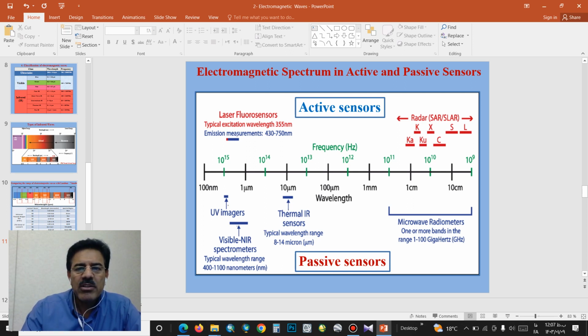And the top part, active sensor, includes visible region to radar part, for example Ka, Ku, C, K and X part of radar region.